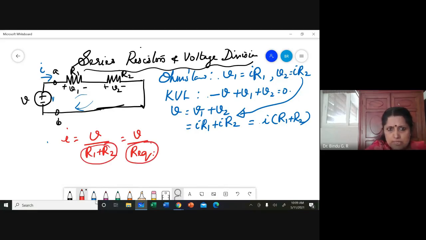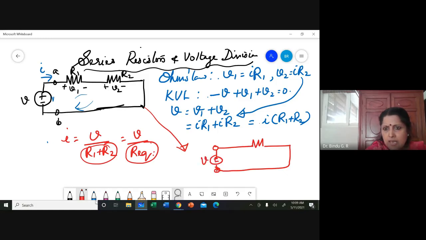So now this can be drawn as an equivalent circuit of plus minus V and R equivalent. The same current I will flow. That is how you say that in a series circuit, R equivalent is equal to R1 plus R2.